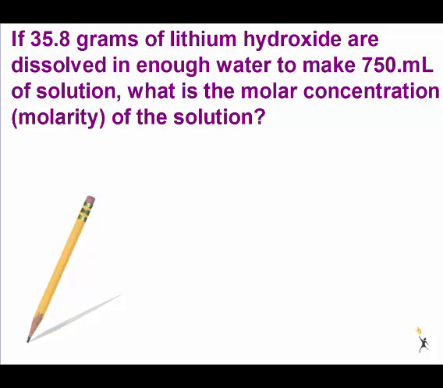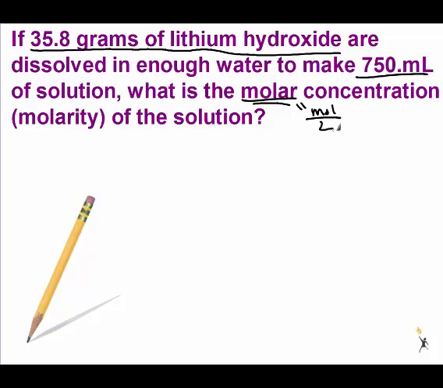All right, let's look at one more problem. In this case, they say that we have 35.8 grams of lithium hydroxide. We're going to dissolve that in enough water to make 750 milliliters, and they want to know the molar concentration. So molar concentration is moles per liter.